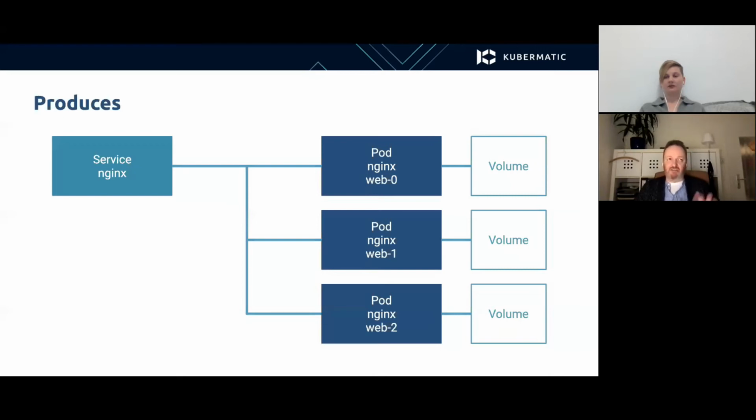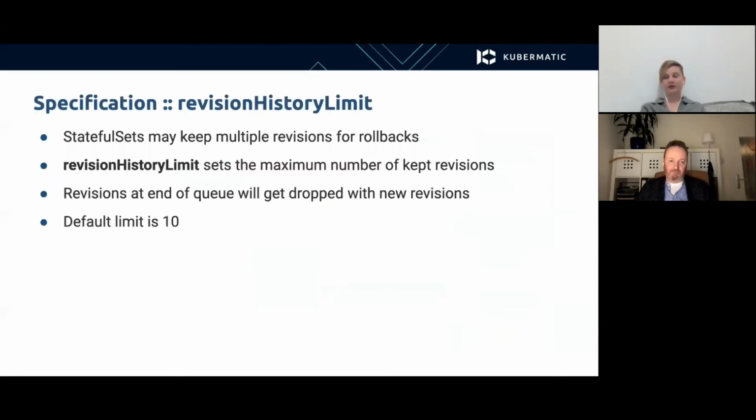As mentioned in the specification, they all get their own volume provisioned. Some of the specification fields which are quite interesting is the revision history limit, which we already know from deployments.